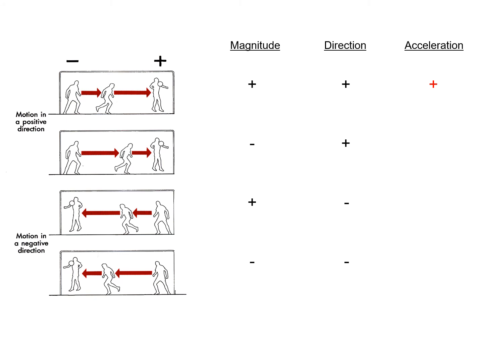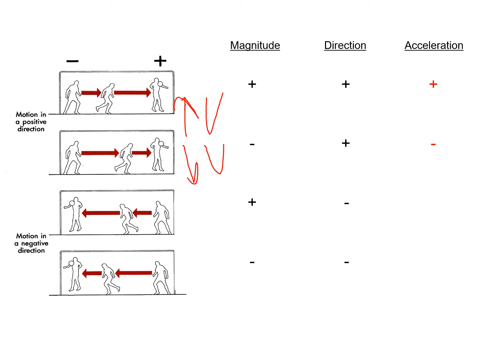If we have a negative change in magnitude, so we went from high velocity to low velocity, but we did have a positive change in direction, we have a negative acceleration.